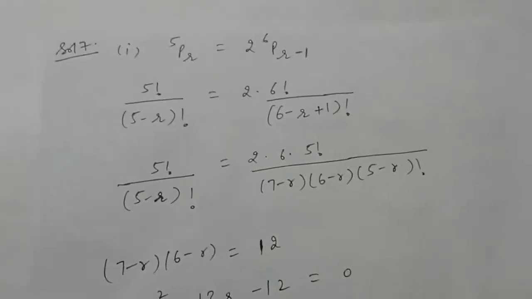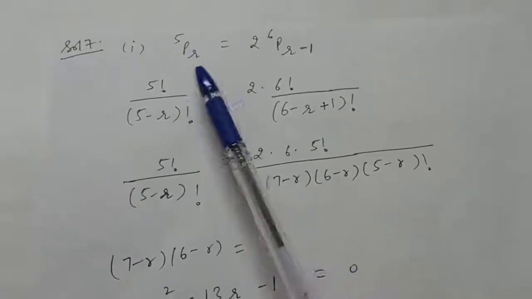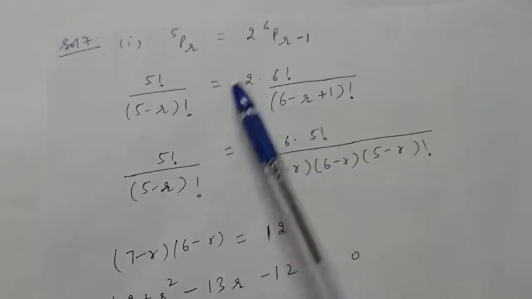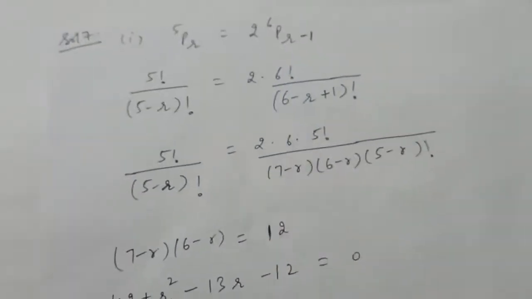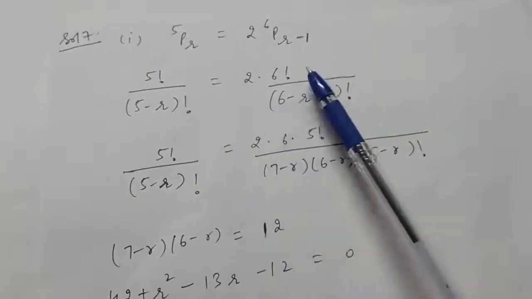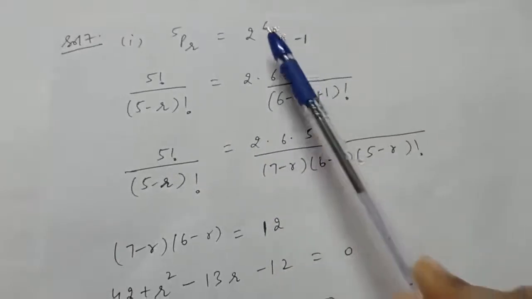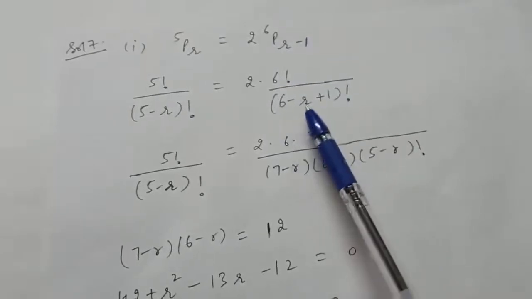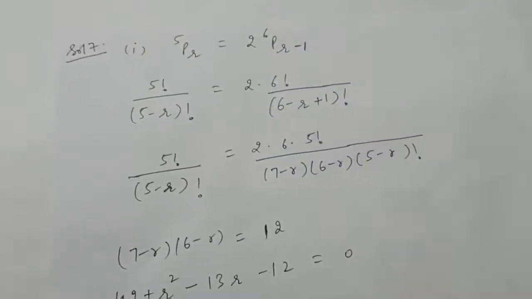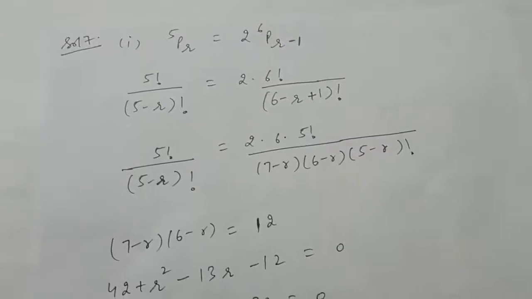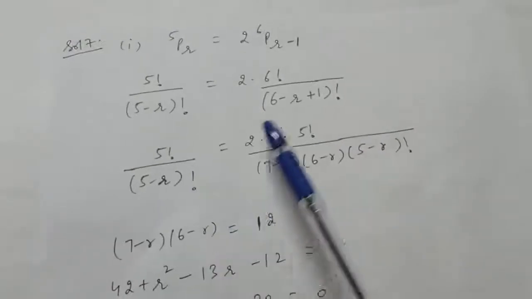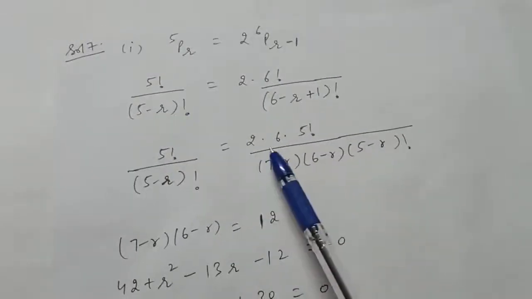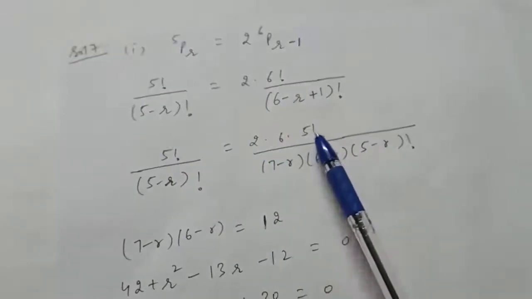So applying the formula, 5Pr will be 5 factorial upon (5 minus r) factorial, equal to 2 into this 6P(r minus 1), which will be 6 factorial upon (6 minus (r minus 1)) factorial, that is (6 minus r plus 1) whole factorial. Now 5 factorial as it is, here this 6 factorial can be broken into 6 into 5 factorial.